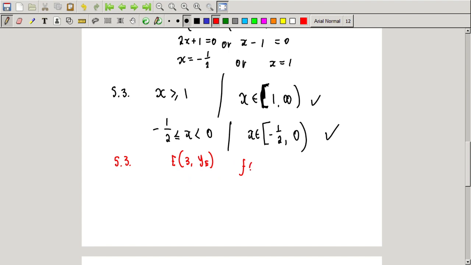We know that f of x is equal to 1 over x minus 1. In the place of x, I put 3.